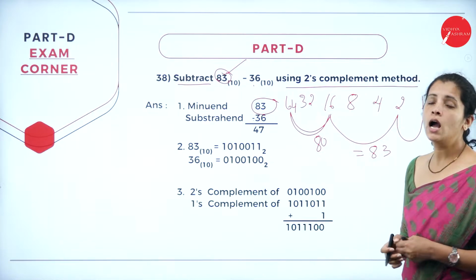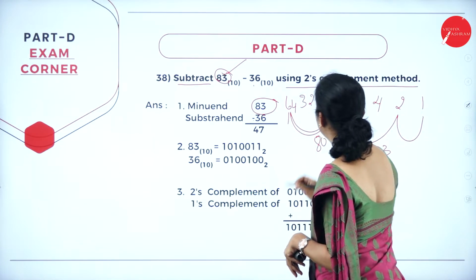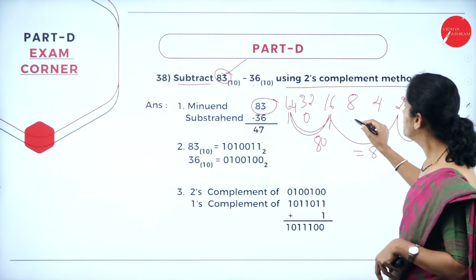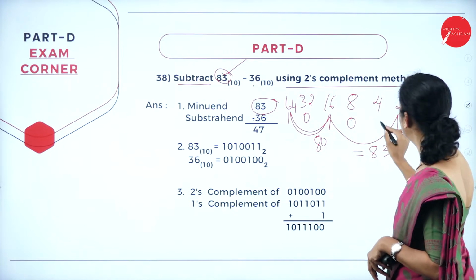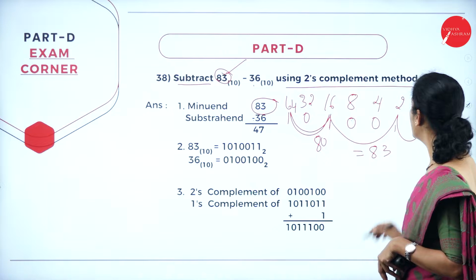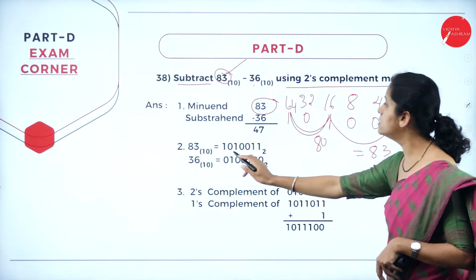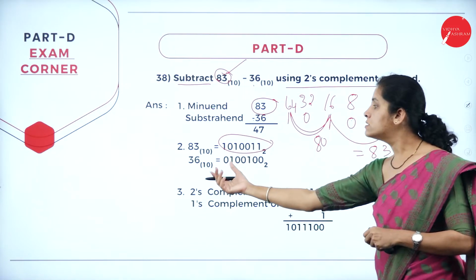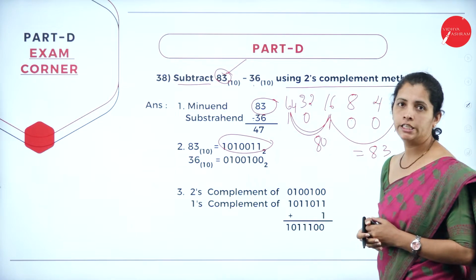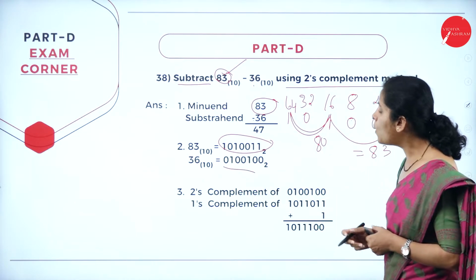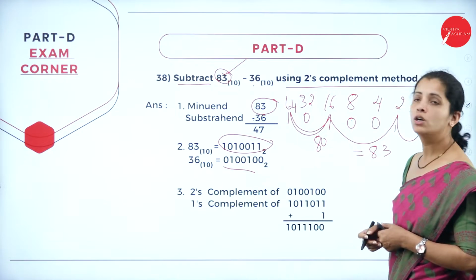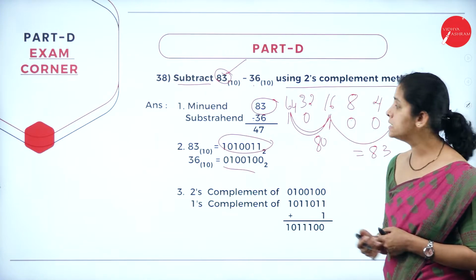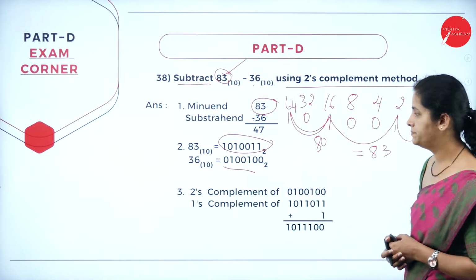So I'm going to write 1 here, below 32 a 0, below 16 a 1, below 8 a 0, below 4 a 0, below 2 a 1, below 1 a 1. This is the binary conversion of 83. Now I'm going to apply the same thing for 36, and I get 100100 in binary. The subscript 2 is nothing but base 2, the binary representation.